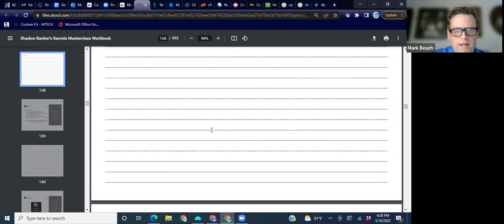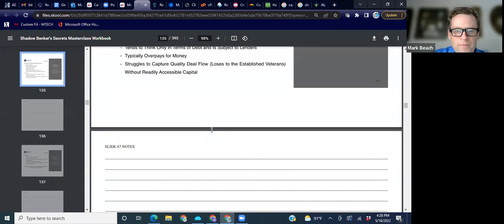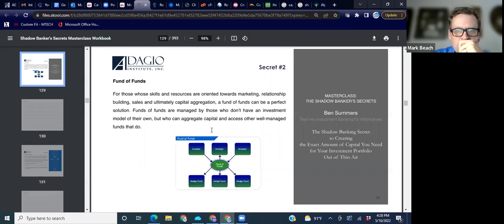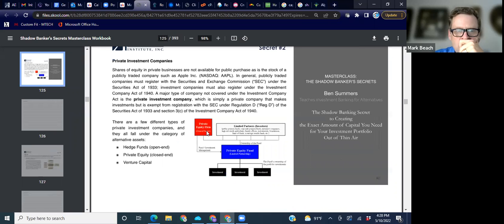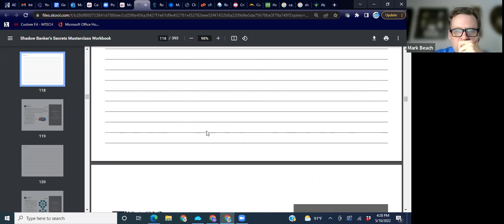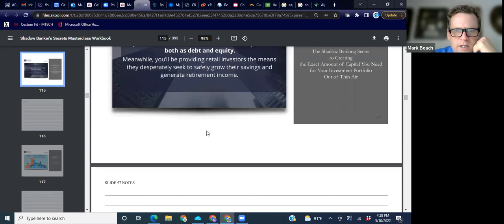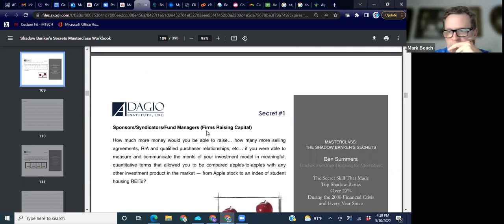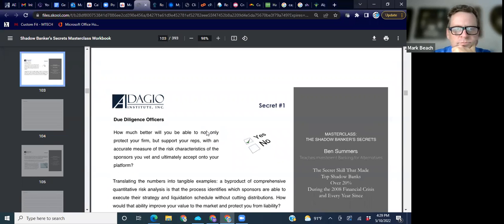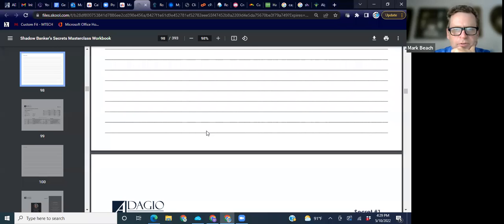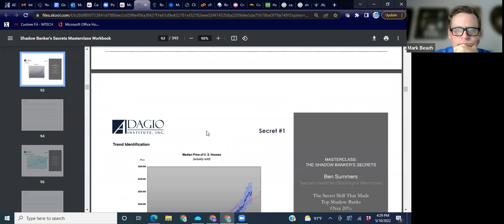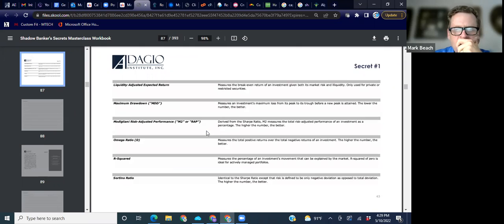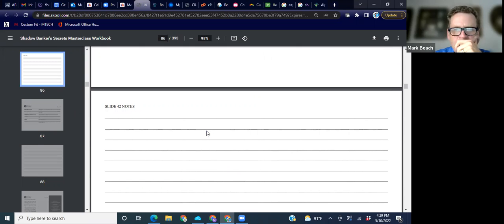I had it all set to this page in the workbook. And now I've not only lost the page, but it's choking when I go to find it. We're moving now. Getting closer. There we go. We're getting close. Okay, one more page.